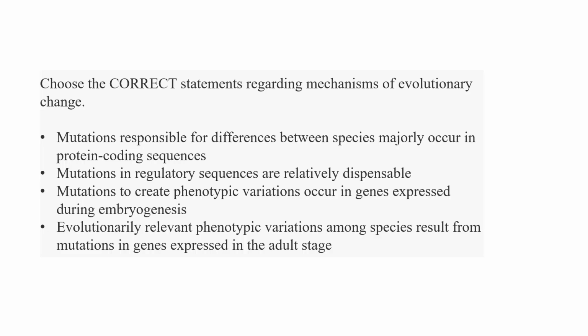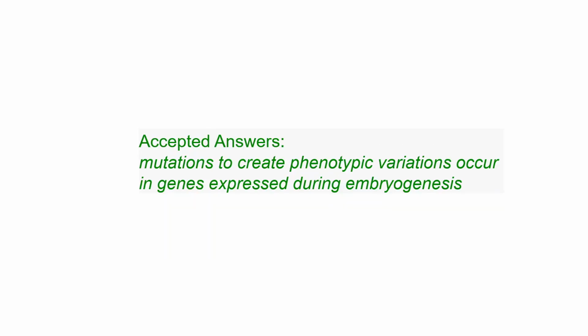Always remember the protein is always very well preserved. So there is not much that happens in the protein coding region because the protein part is mostly preserved. Whatever changes happen, most of the changes occur in the DNA sequences. So this is an incorrect statement.